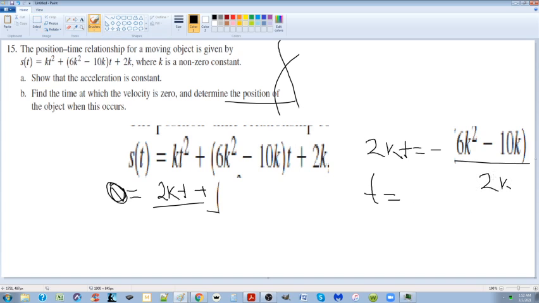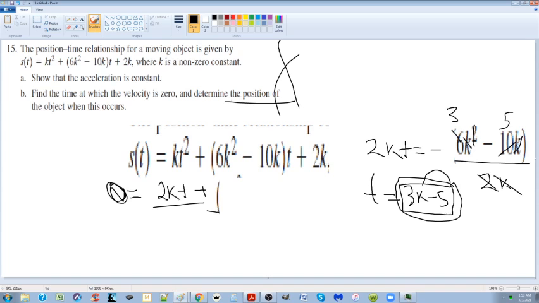You'll instantly see that this goes into that, and this goes into that. So you're left with 3k minus 5. So that's a time. And I know it doesn't look like a time, but that's the only time you're going to get.